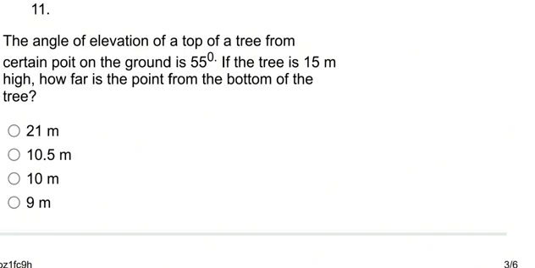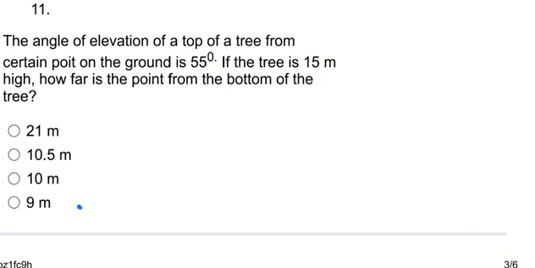So move to the next question. Question 11 says, the angle of elevation of the top of a tree from a certain point on the ground is 55 degrees. If the tree is 15 meters high, how far is the point from the bottom of the tree? The first thing we need to do is sketch.